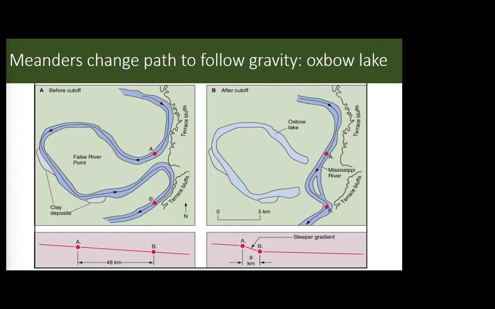All the water in the channel is going to rise. It's going to spill over that little land strip right there into the next part of the channel. It's going to erode away at that land strip until eventually all the water is going to preferentially flow and avoid this entire meander. So that's how we get what's known as oxbow lakes.